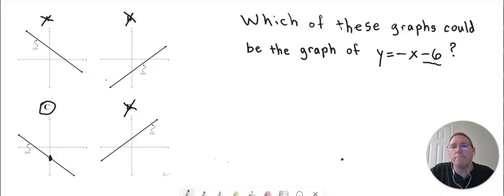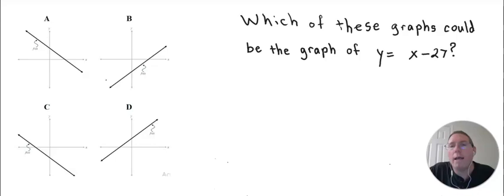Let's try a couple more. Okay, this one says, which of these graphs could be the graph of y equals x minus 27? Okay, well, what's the slope? Well, this is a positive slope because there's no negative sign, so it's positive. And the slope is 1, so it's positive 1. And so we're looking for something with a positive slope. Well, A has a negative slope, so we're going to leave that one out.